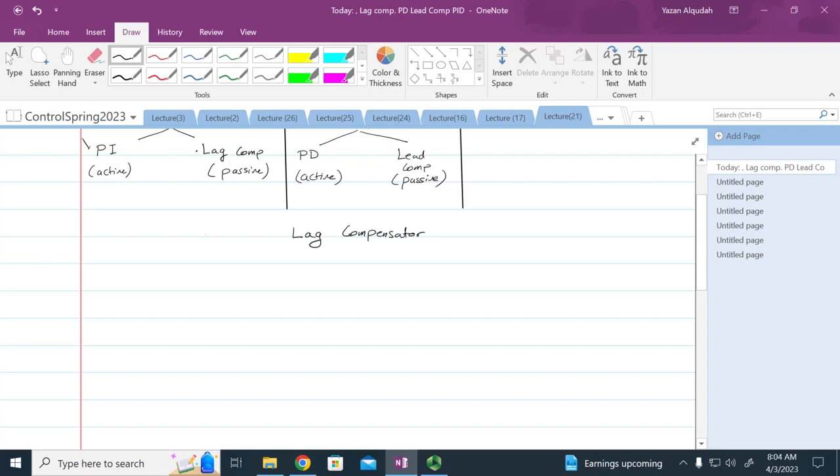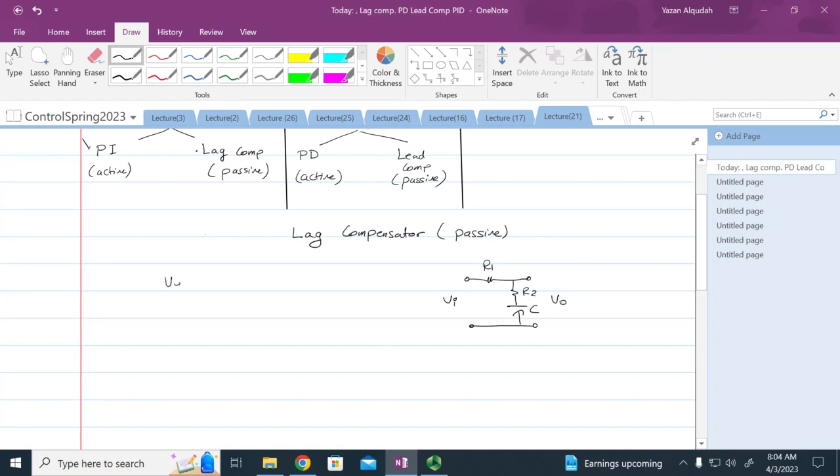Again, this uses a passive circuit, and the circuit for the lag compensator looks something like this. We have R1, we have R2, and we have a capacitor. We have V input and V output.